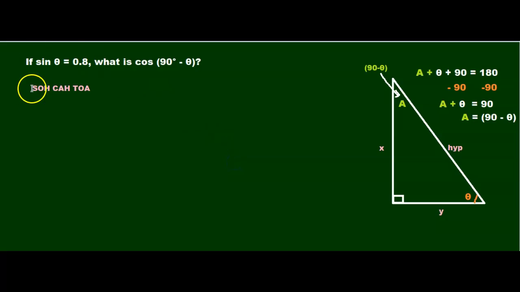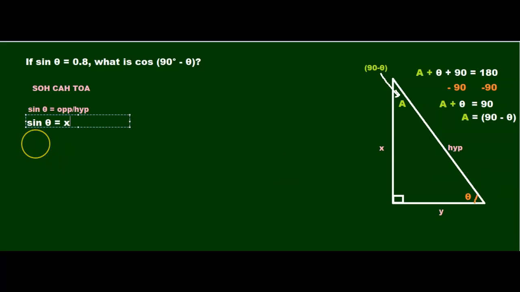So if you remember, sine theta equals opposite over hypotenuse. Now, remember, our opposite is the side that's not touching your angle. It's the side that's facing your angle. So in this case, sine theta equals, your opposite is x because it's opposite to theta.